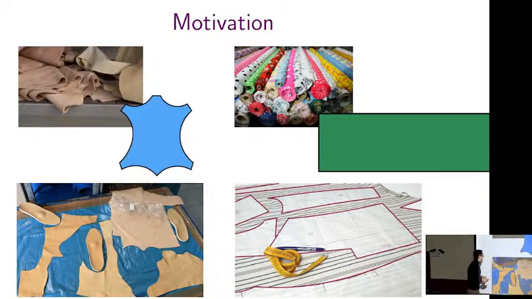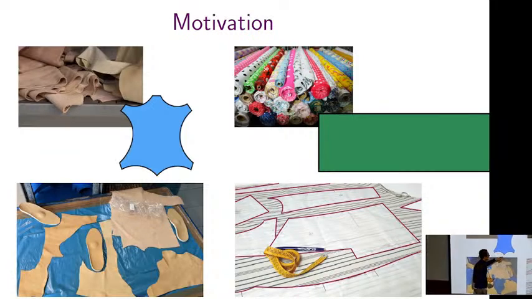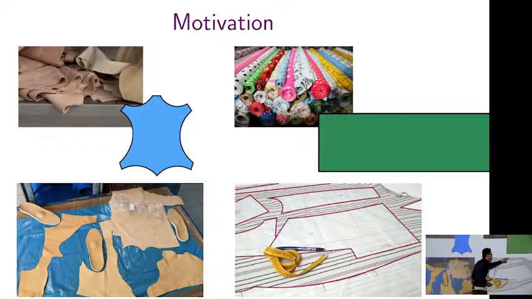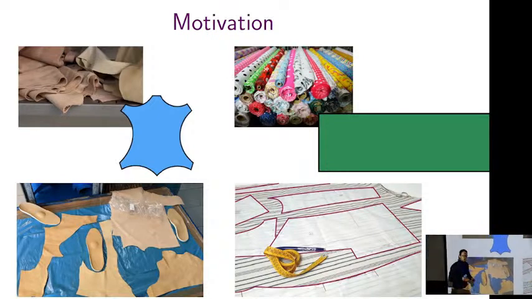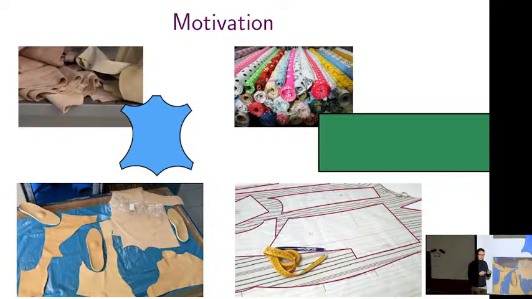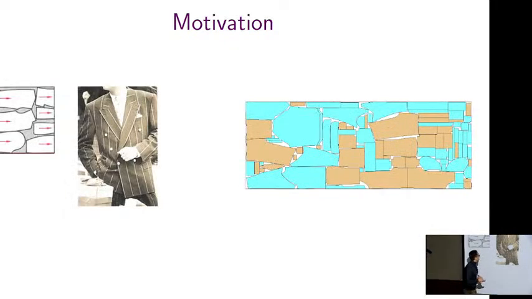So here we have something like a leather hide or a piece of fabric, and we need to cut it out into some specific pieces so that we can sew them together into clothing or furniture. And there we have a good motivation for why we study also translational packing problems.